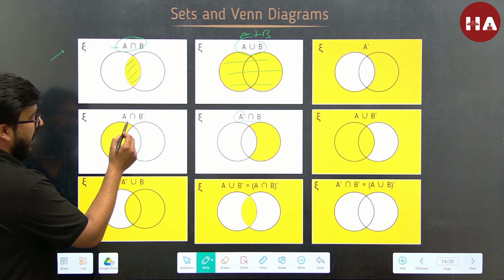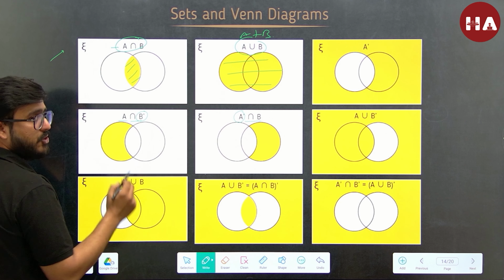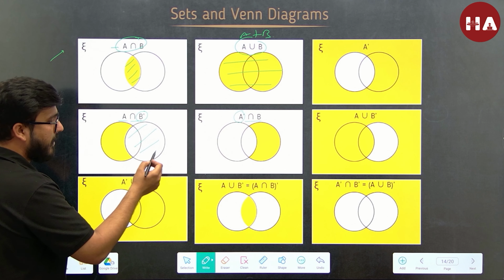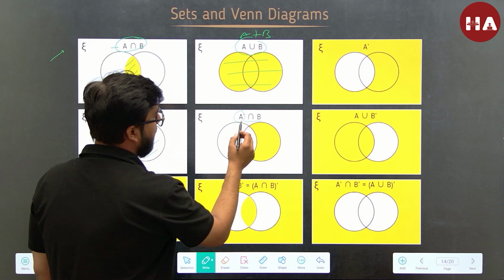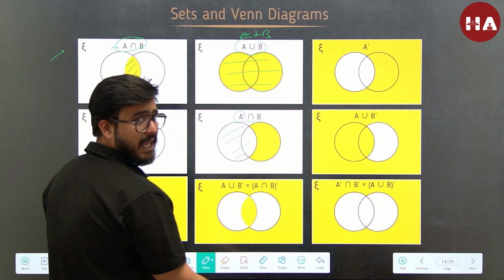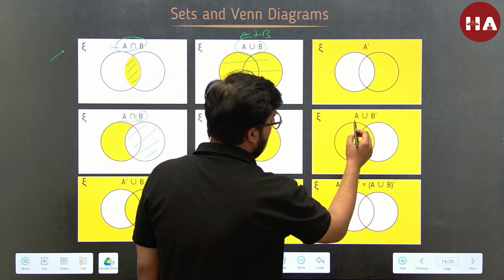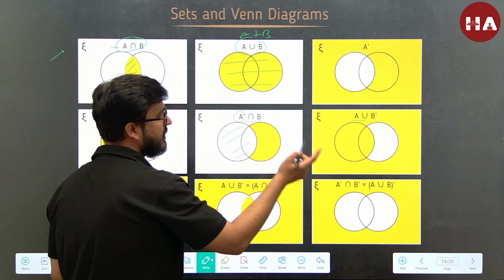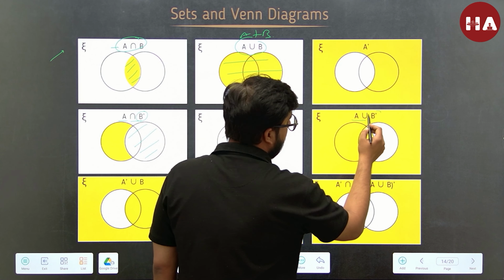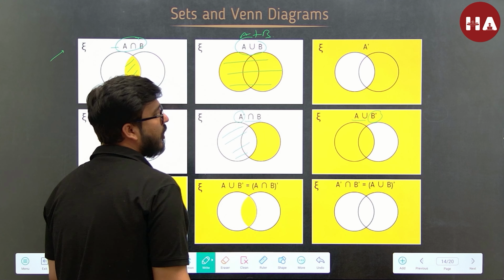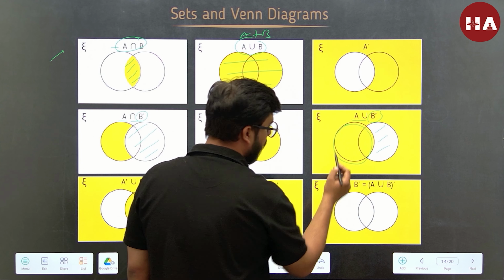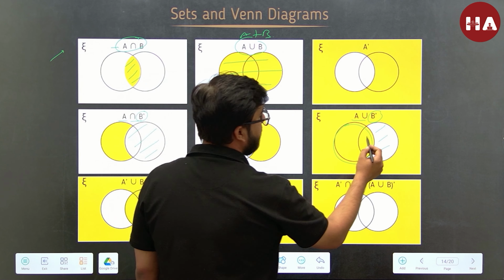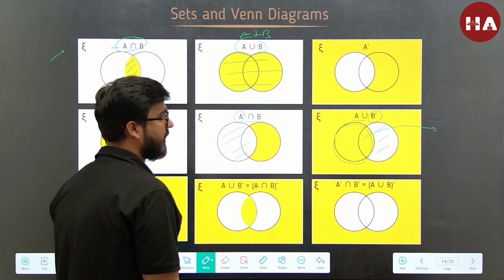Similarly, A intersection B complement, so we have to exclude the B portion as it is under the complement part. Similarly, A complement will exclude the A portion. Now A union B complement means B would not be included but the A portion will be included, so we will be taking the intersection part also into consideration.